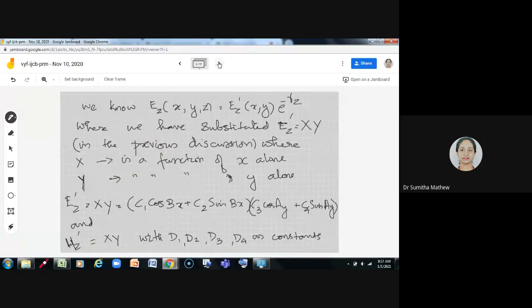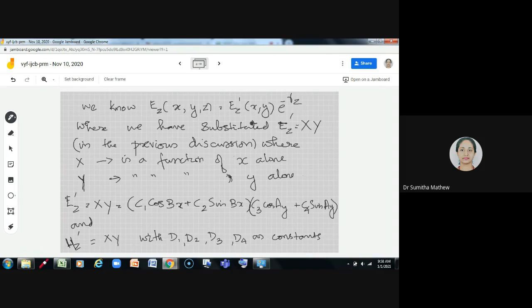Now, we know that any field, electric field, in terms of the variables x, y, z, can be represented as its magnitude and phase, like this: Ez dash of x, y, e raised to minus gamma z. In general, any electric field or magnetic field can be written in its phasor form in terms of its magnitude and its phase.